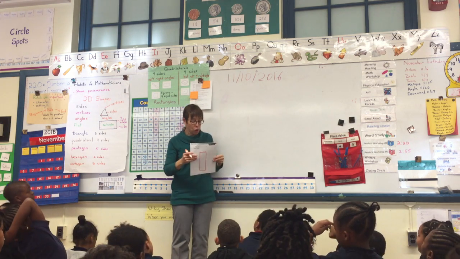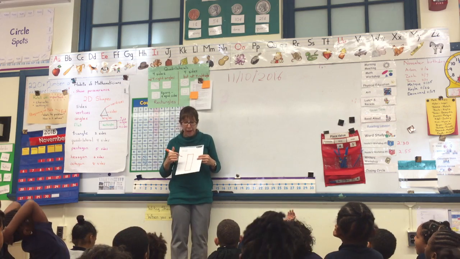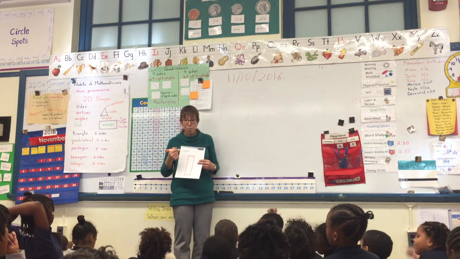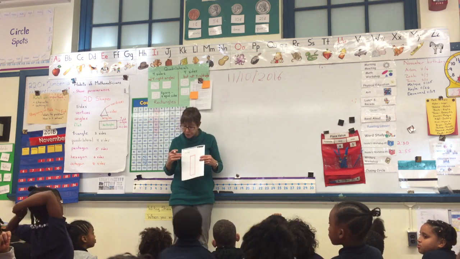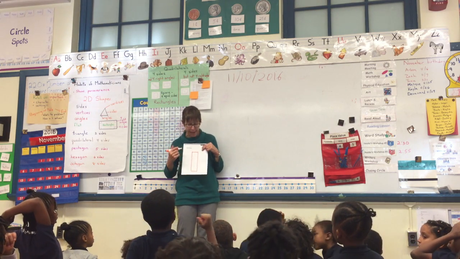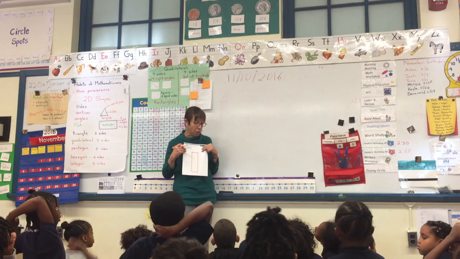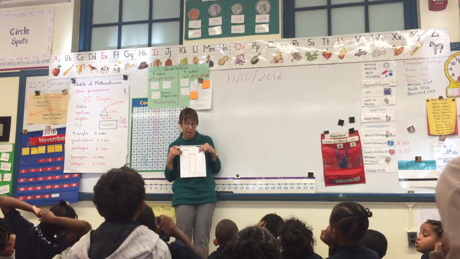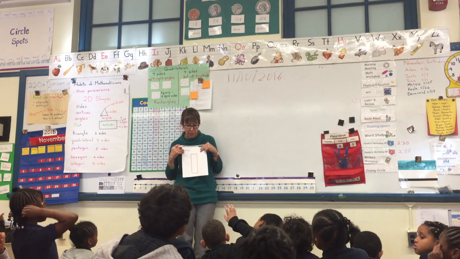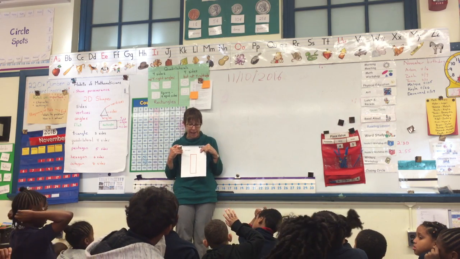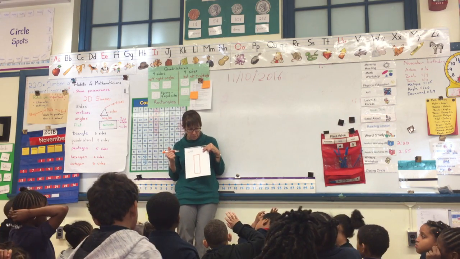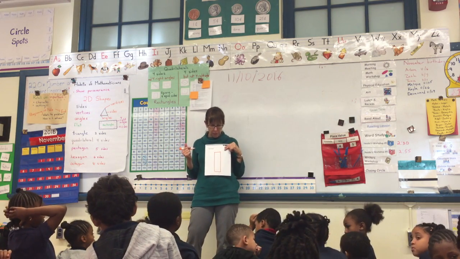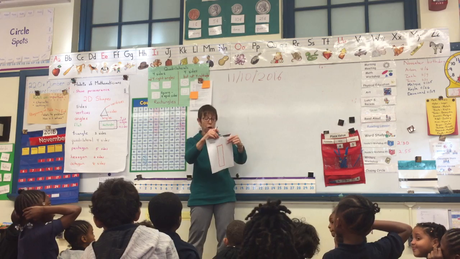Then you are going to look. How many rows does my rectangle have? You can't tell, Mustafa, unless you're looking. How many rows does my rectangle have? Zabian, how many? 7. It has 7 rows.